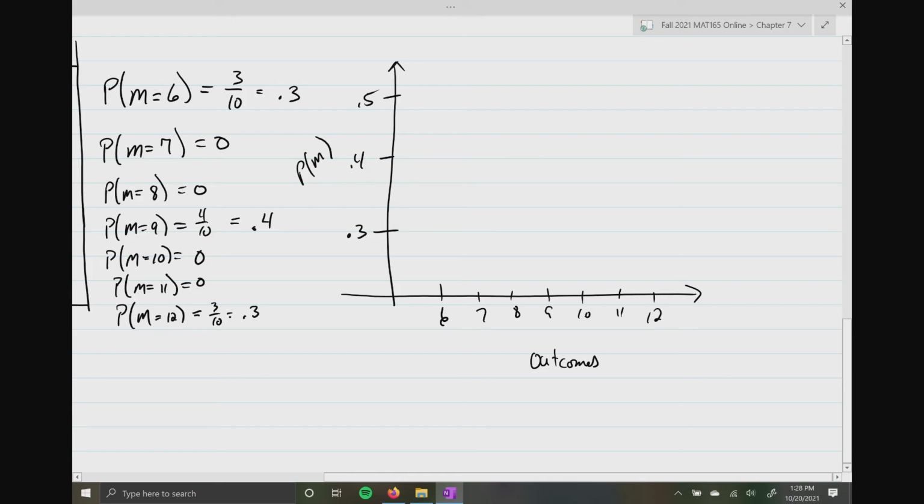Okay, here we go. When the median is 6, we come out with 0.3. 7 is 0. 8 is 0. 9 is 0.4. 10 is 0. 11 is 0. 12 is 0.3. And look at that.